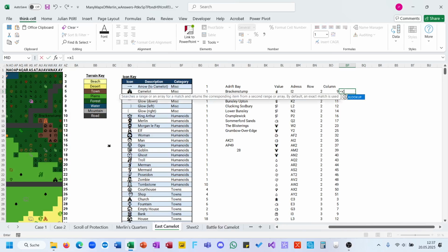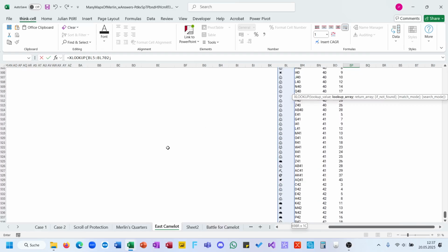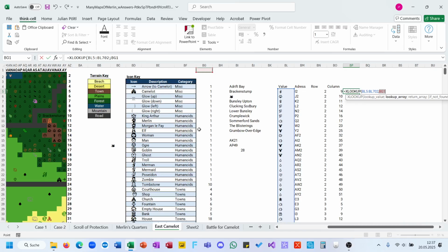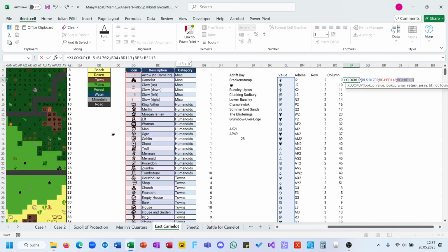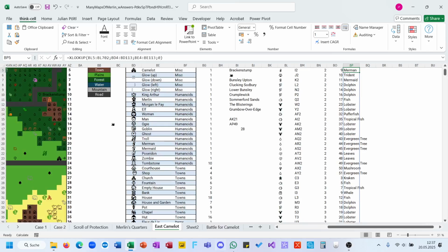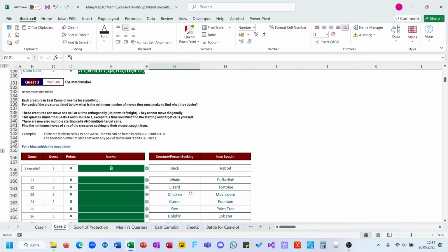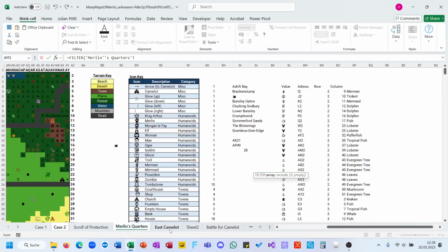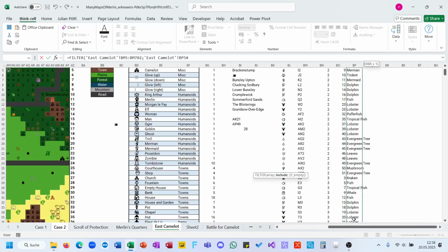And also put in what thing this is. Yes, okay. And filter the starting cells if this is a duck.